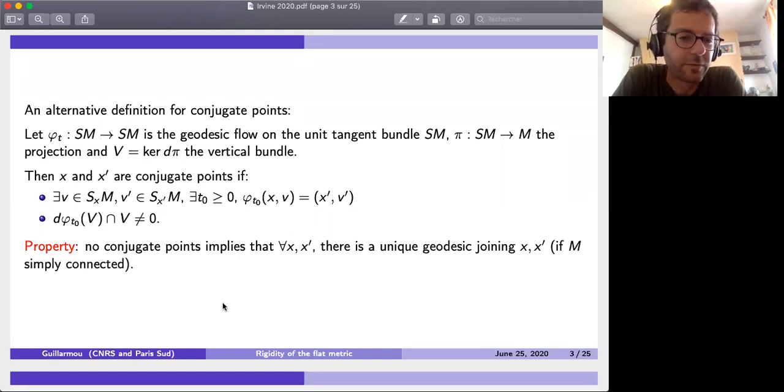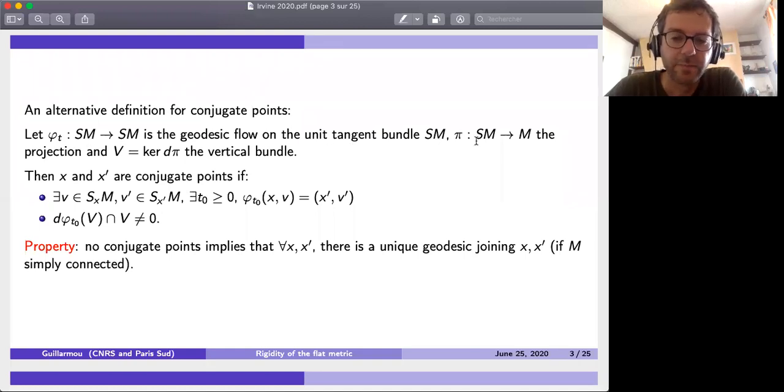The geodesic flow, you can view it as a flow of a vector field acting on S of M. What is S of M? It's the unit tangent bundle, the bundle of spheres inside the tangent bundle, and the spheres are defined using the metric g.